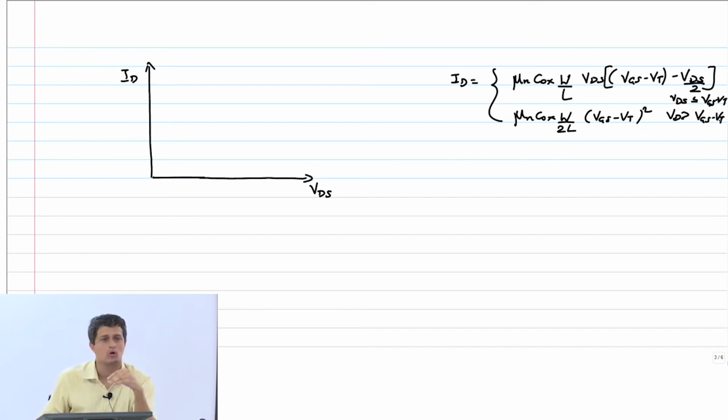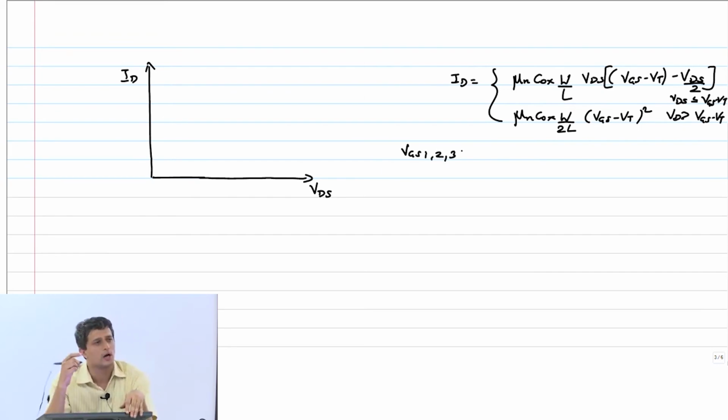So I am going to now assume that all my VGS values that I consider in this plot are greater than the threshold voltage, because before that the current will just be 0. So I am not interested in that. What will the curve look like as I look at various VGS values? So let us consider some VGS 1, 2 and 3, where VGS 1 is less than 2, less than 3, 3 different potentials.